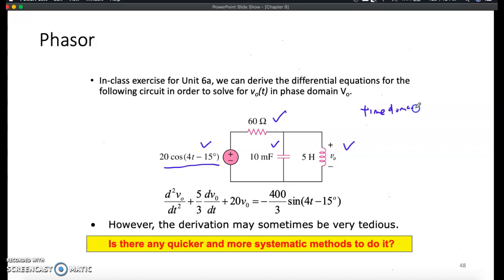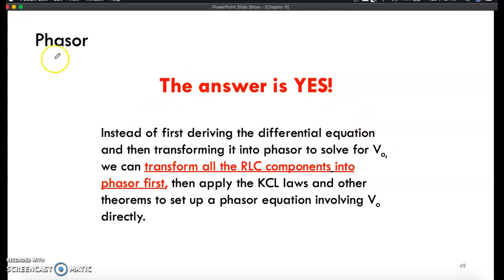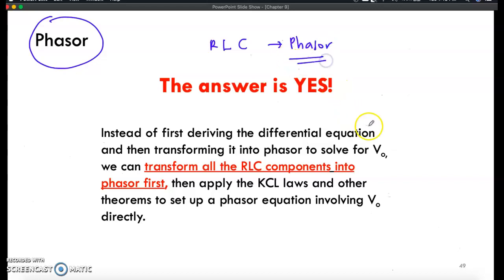Of course, yes, but the derivation may sometimes be very tedious, right? So is there any systematic method to do this? The answer is yes, by transforming all your elements, your resistor, your inductor, and your capacitor, to the form of phasor.